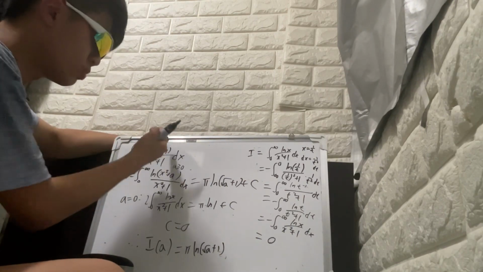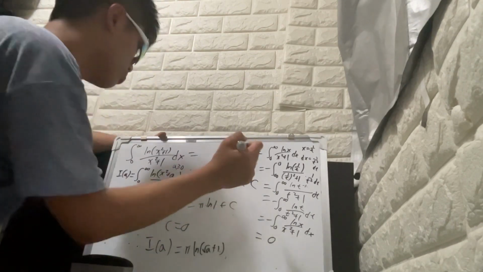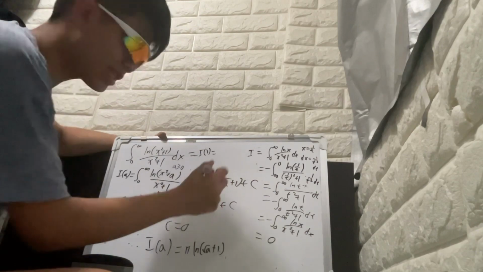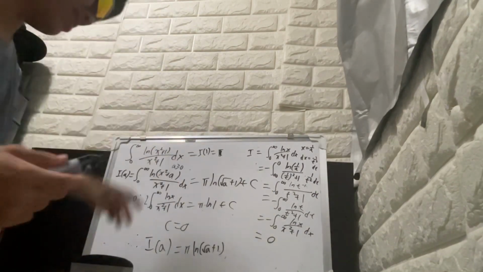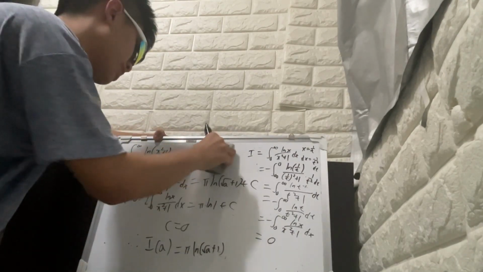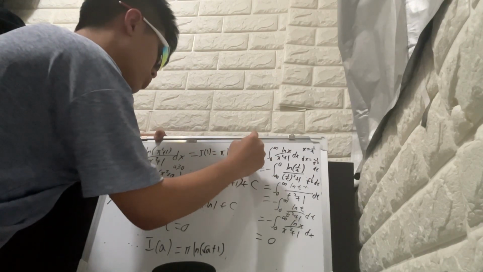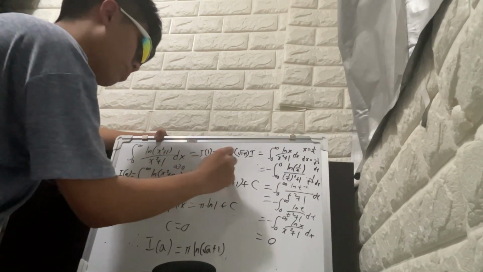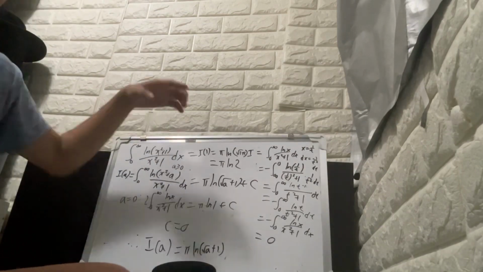Just put a 1 into this, so this original question is equal to I of 1. Put down 1 inside, and you get pi times ln of square root of 1 plus 1, which is pretty much just pi times ln 2.